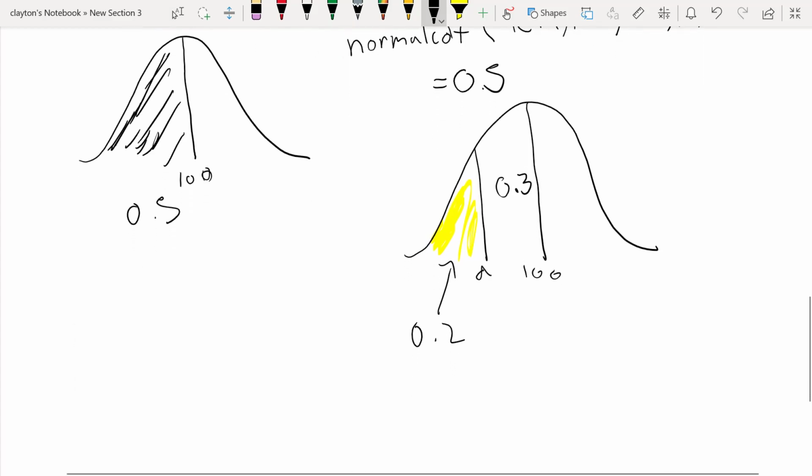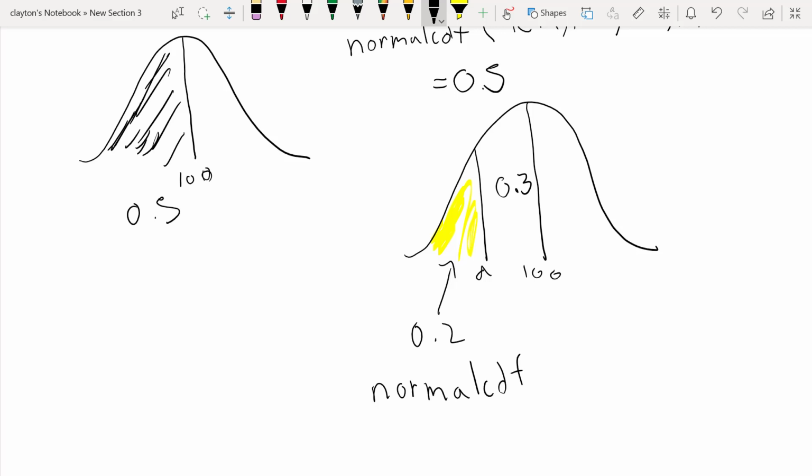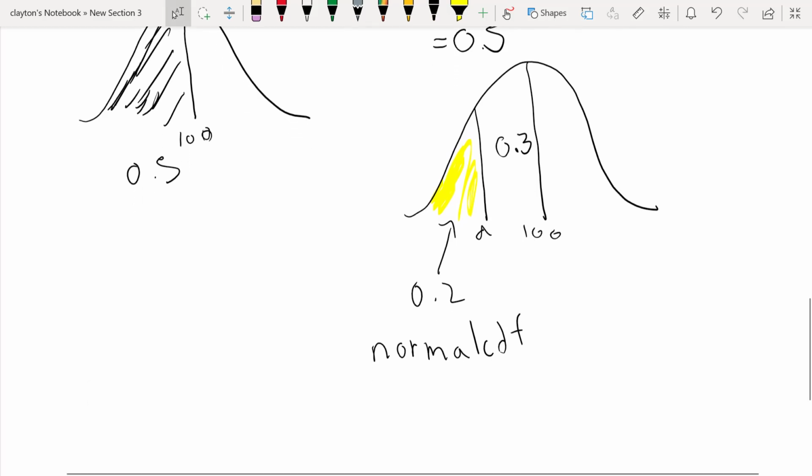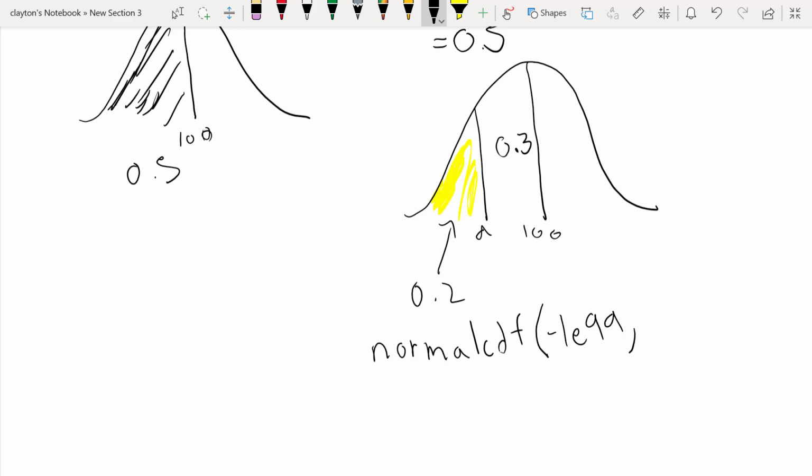So what I'm really looking at is what value, with negative 1e99, comma A, 100, standard deviation of 10, gets us a 0.2.